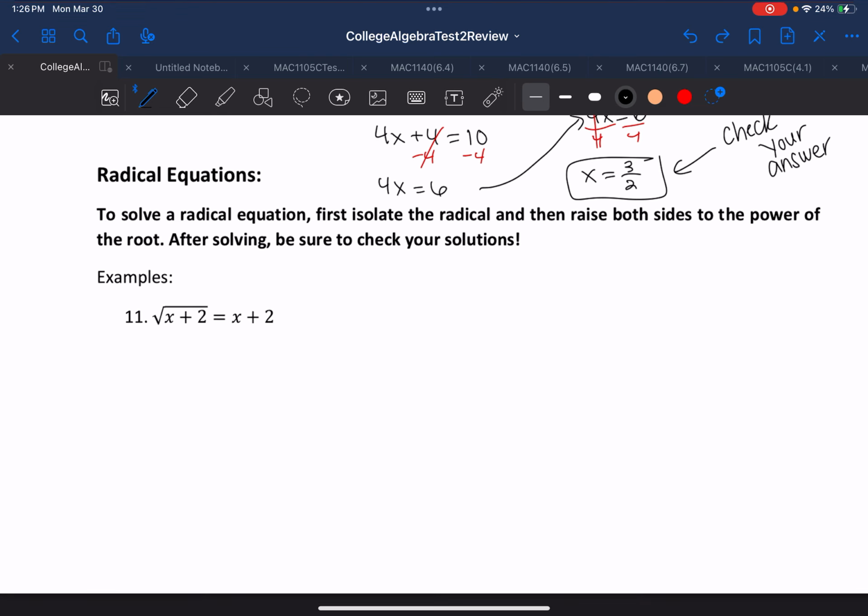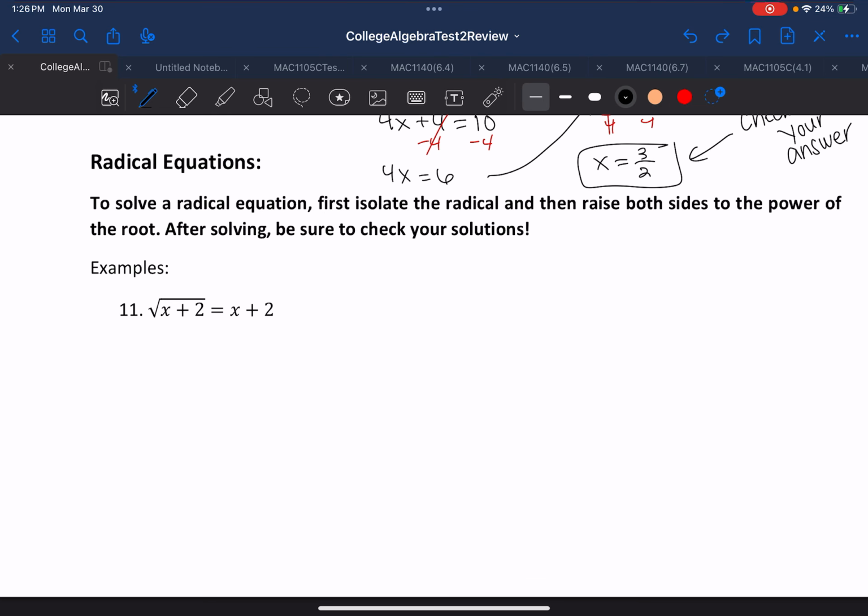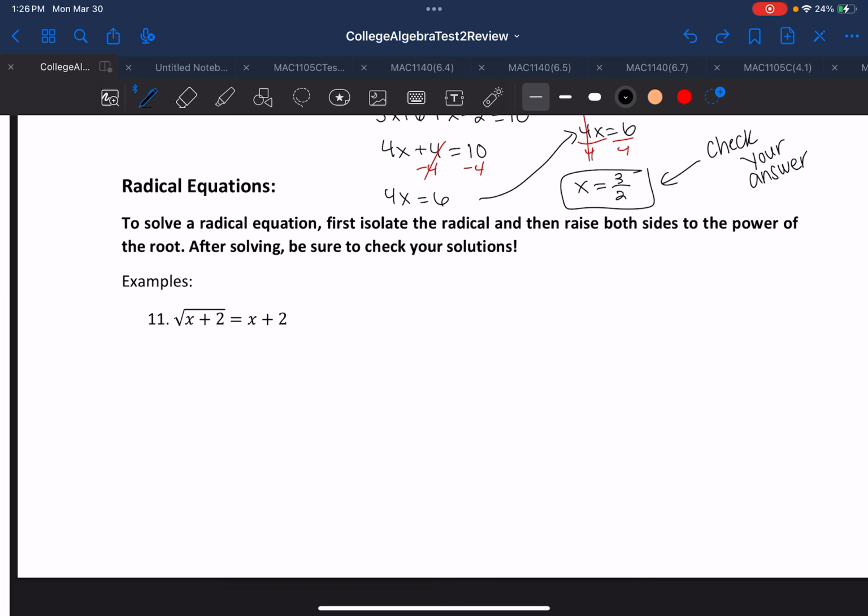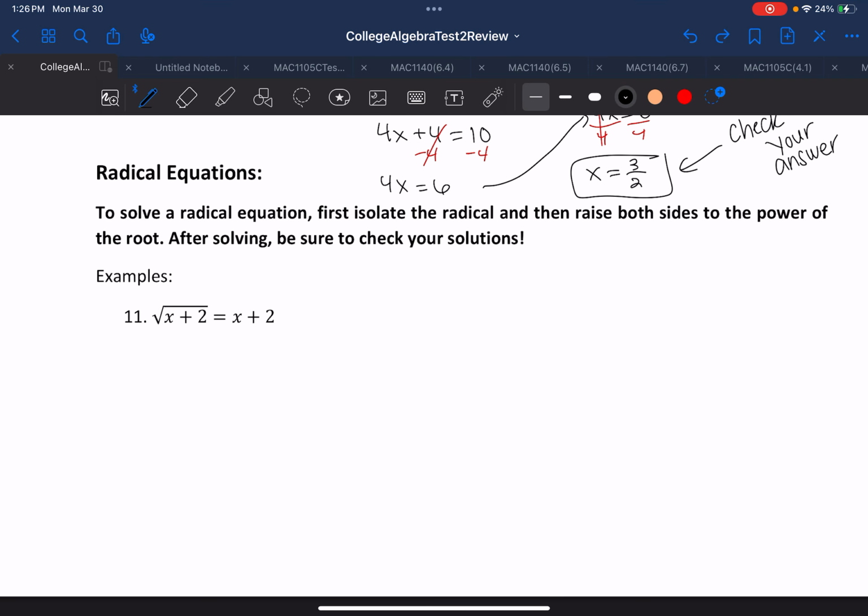All right, the next type of equations we learned how to solve was radical equations. And the first thing we did to solve radical equations was to isolate the radical on one side, so get it by itself, and then raise both sides of the equation to the power of the root.